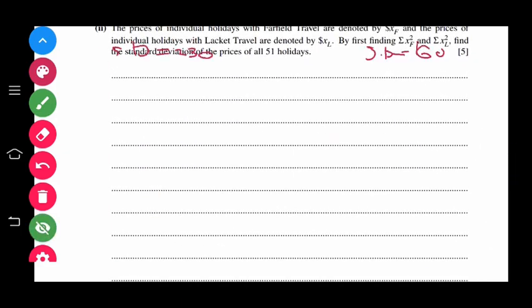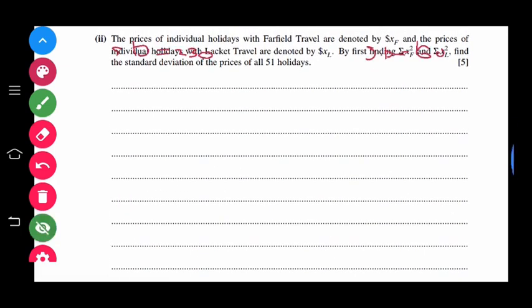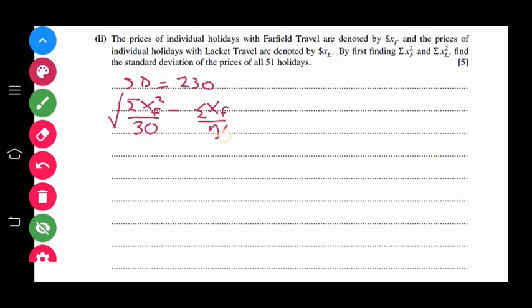Okay, now as per the question, given that the standard deviation is 230, our formula is the square root of sigma xF squared by 30 minus (sigma xF by 30) the whole squared, is equal to 230.